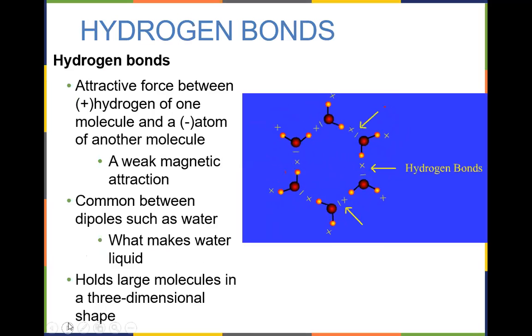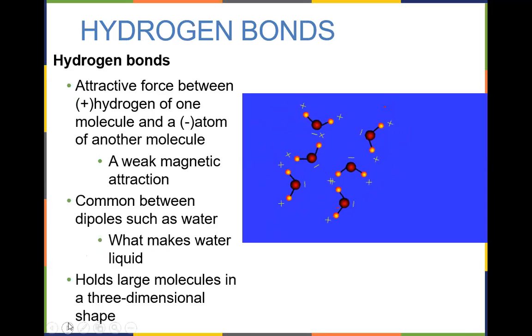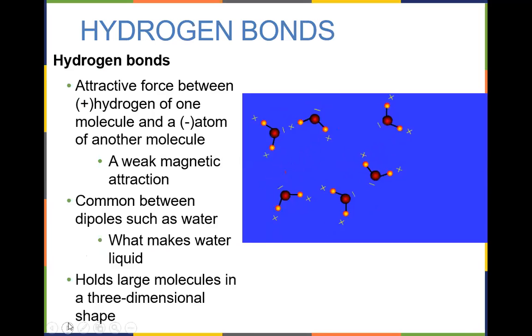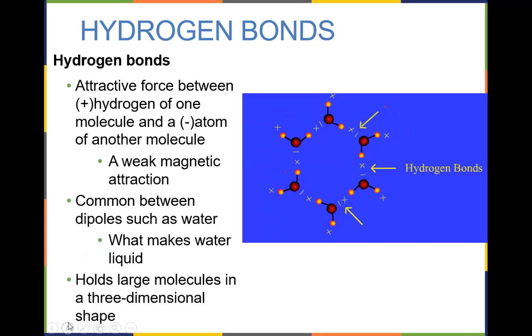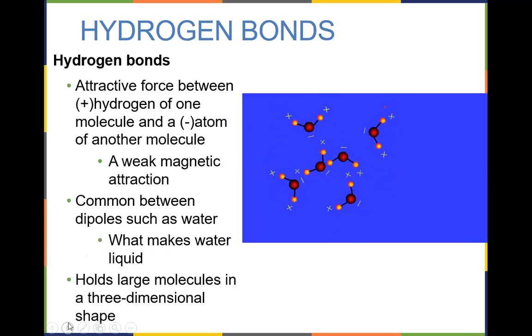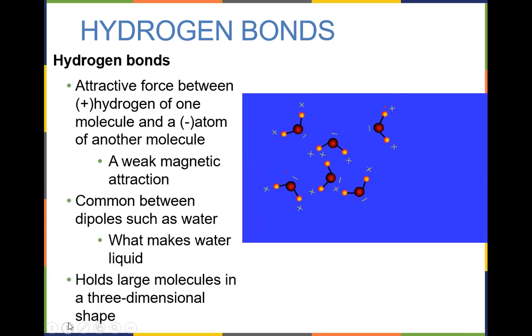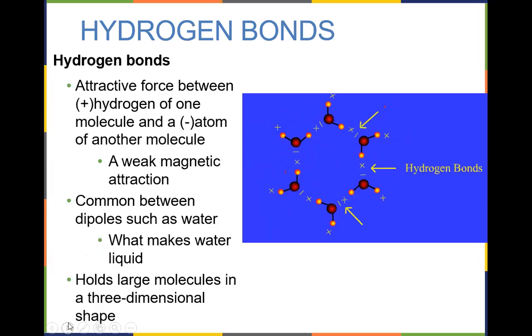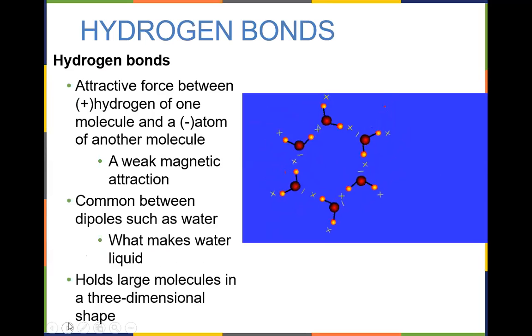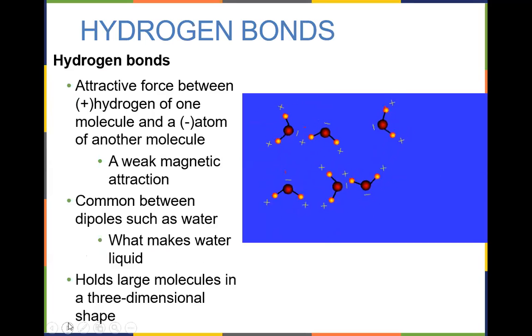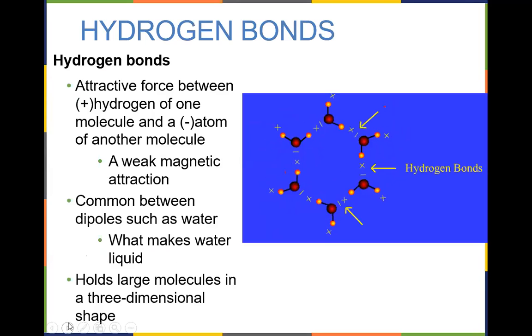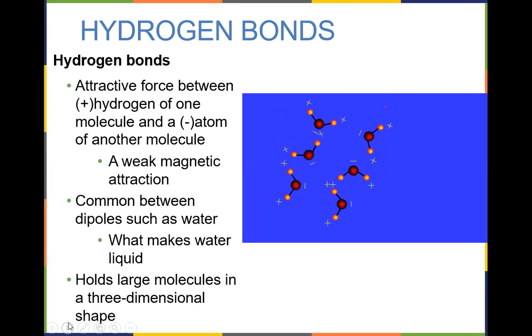And what will happen then is that leads us into what's known as the third category, the hydrogen bond. Because of the unequal sharing of electrons, the positive ends of a water molecule are attracted to the negative ends of a water molecule next to it.